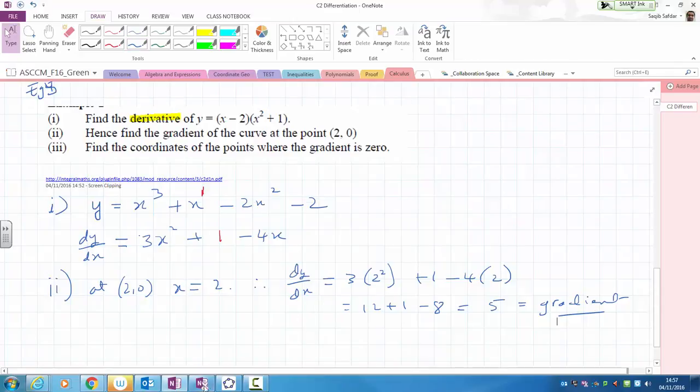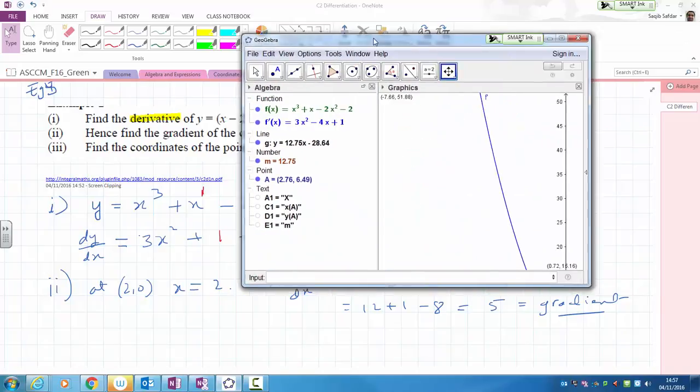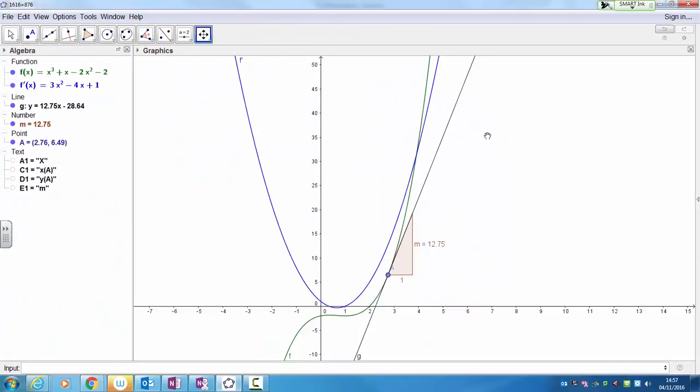And while you're copying this down, I'll just quickly load up GeoGebra on the other screen and put this equation in. X cubed plus x minus 2x squared, and then take away 2. So here I've just plotted this function.